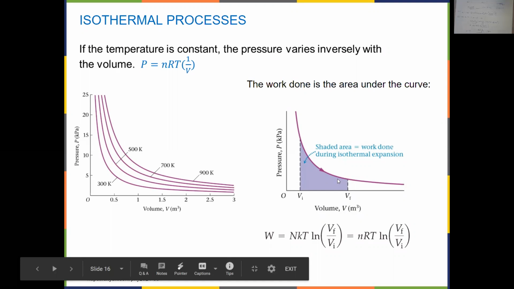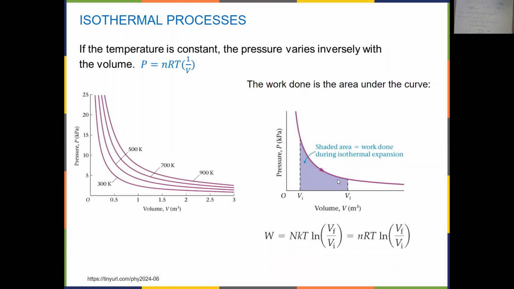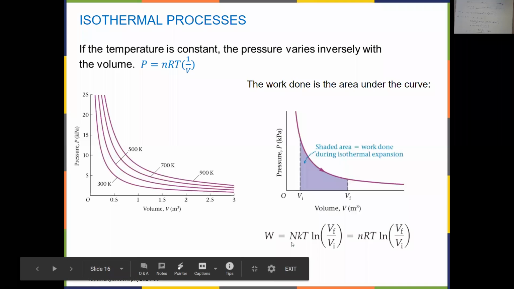But because this is not a calculus-based class, I'm not going to show you the work. This is the result, and it can be mathematically proven. So work done for an isothermal process is equal to NkT ln of V final over V initial, or equal to nRT ln of V final over V initial. Either way.